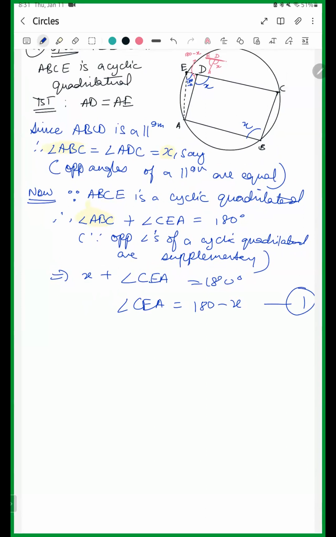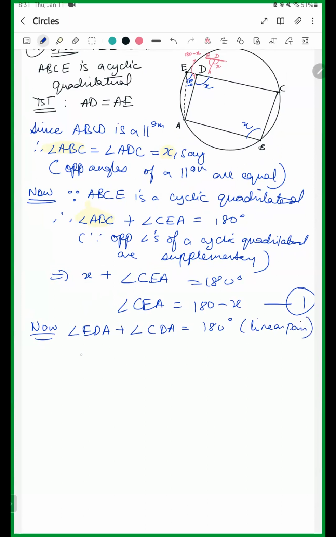Then the third step. Now, angle EDA plus angle CDA is equal to 180 degrees. Reason? Linear pair.